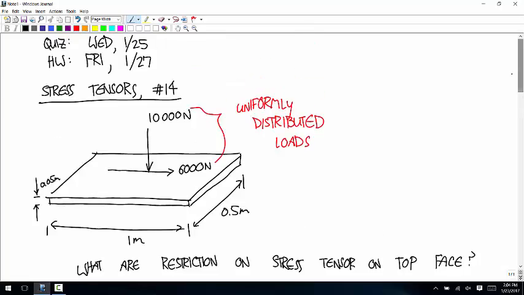One thing that's interesting about problems with thin plates like this is that the stress is pretty much uniform all the way through the thickness. So even though we're calculating restrictions on the stress tensor on the top face, technically, that's going to match pretty well with the stress tensors all the way through it, just because it's thin. You don't need to remember that, but that's sort of an aside.